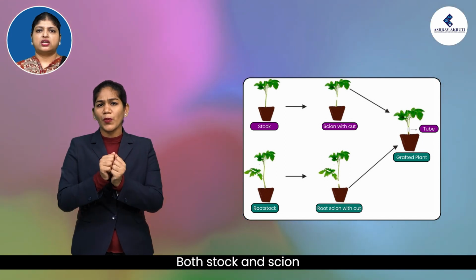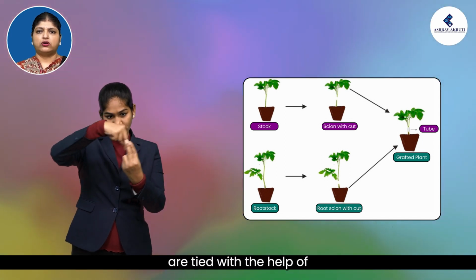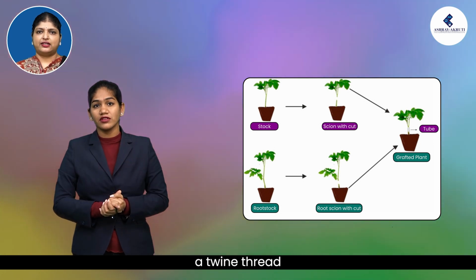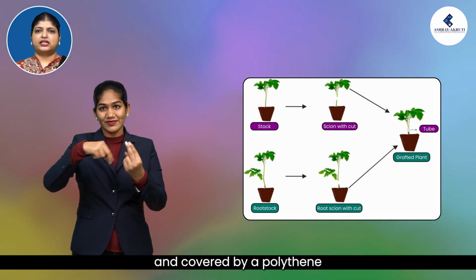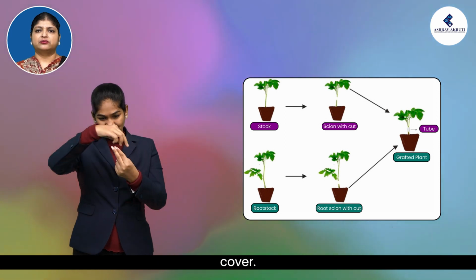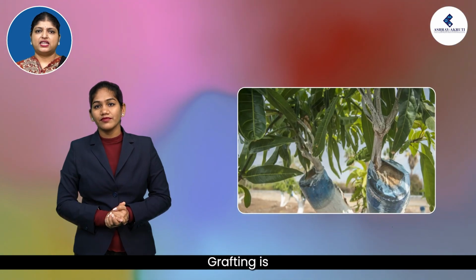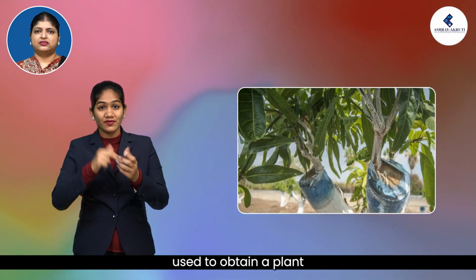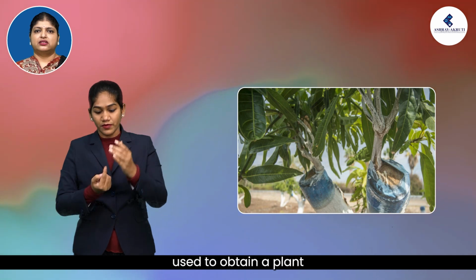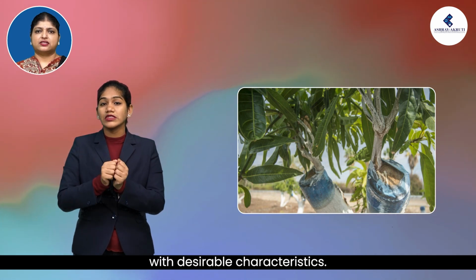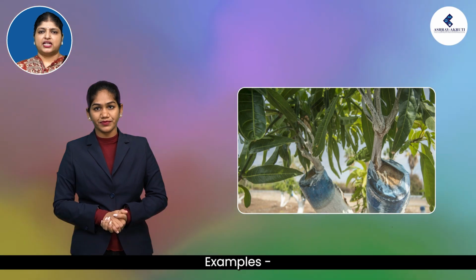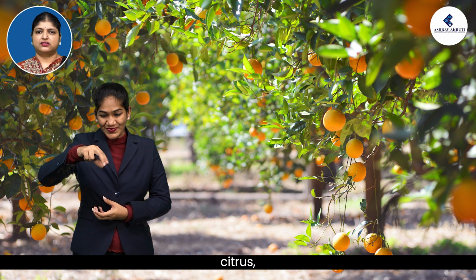Both stalk and scion are tied with the help of a twine thread and covered by a polythene cover. Grafting is used to obtain a plant with desirable characteristics. Examples, mango, citrus, apple, rose.